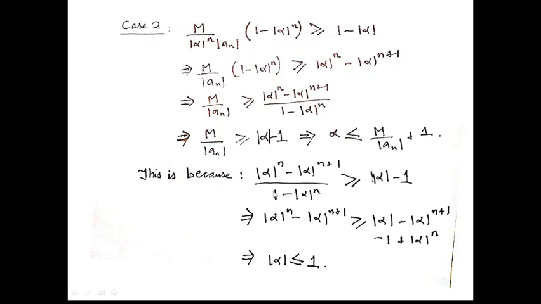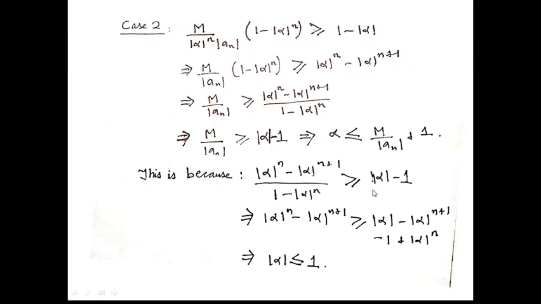So let us assume this. For this, the condition is mod alpha is less than 1 and greater than 0. So let us put here this, and we get alpha n minus alpha n plus 1 is greater than or equal to alpha minus 1 into 1 minus mod alpha n, because 1 minus mod alpha n is positive as mod alpha is less than 1. So alpha minus 1 into 1 minus mod alpha power n.